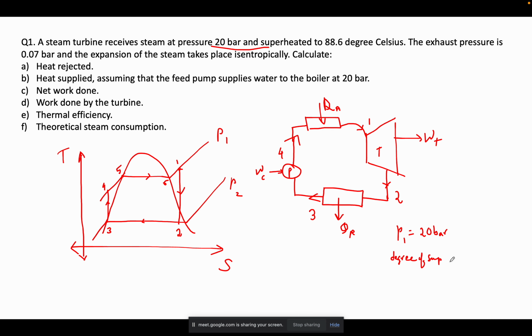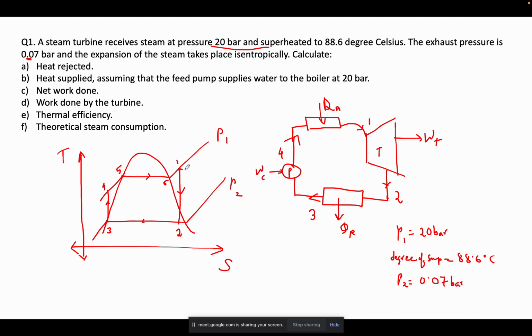Then it is expanded to 0.07 bar, so pressure P2 is given to us, that is 0.07 bar. The rest we have to calculate.